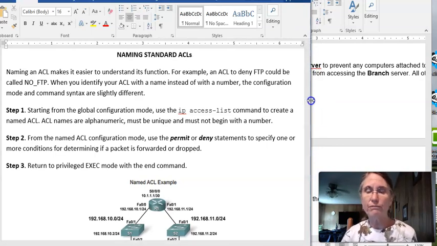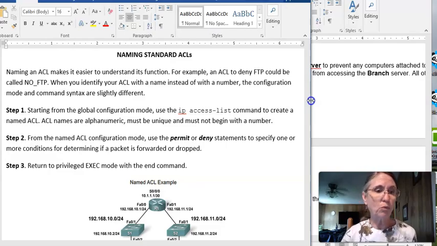So the one takeaway is that by naming an access control list, you have a little bit more usability, readability, understandability, because now you're not talking about ACL 10 or 20, which is virtually meaningless. You can refer to the access list by some meaningful name.